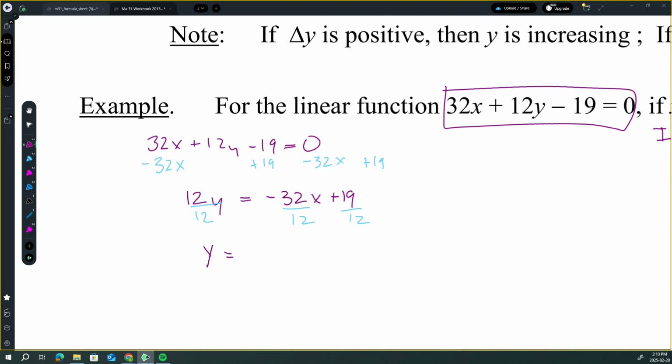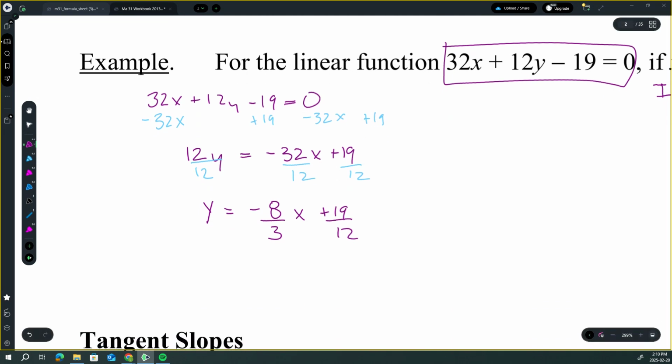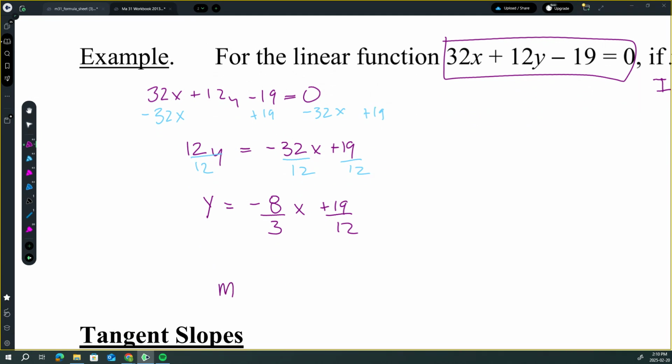So y is going to be equal to, and I'm going to simplify this fraction already, negative 8 divided by 3, x plus 19 over 12. Okay, so we know from here that our slope is negative 8 over 3.